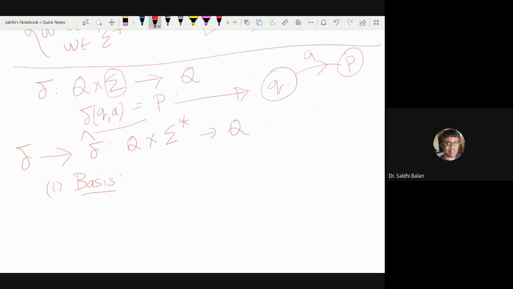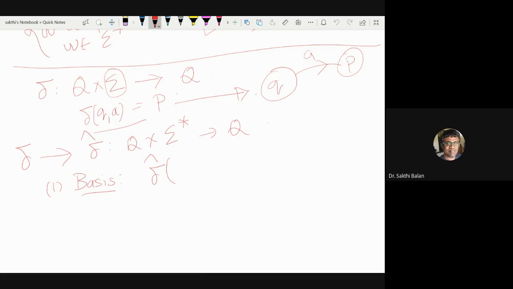The basis is, so I need to now explain, Q cross sigma star means what? Sigma star means it can have epsilon also, and it can have any word over sigma also. So now I need to explain what the mapping of this delta cap is for the empty string epsilon.